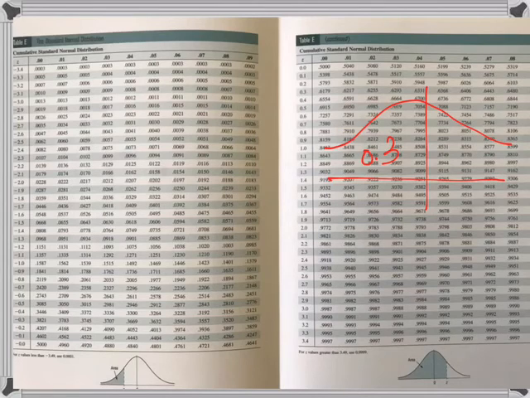Somewhere over here, 0.3015 is close to 0.3. So this time you go back to find out what Z is. From here, you know your Z is equal to negative 0.52. And that is your answer.